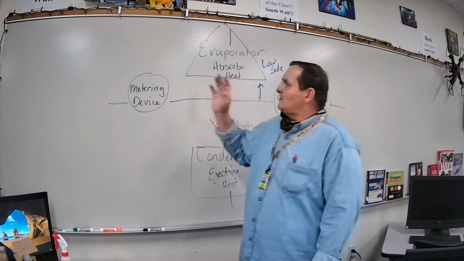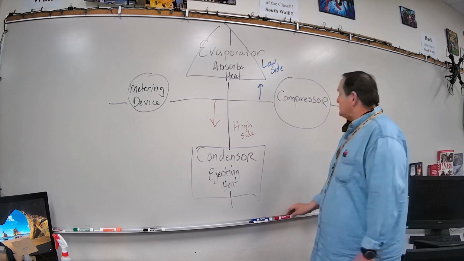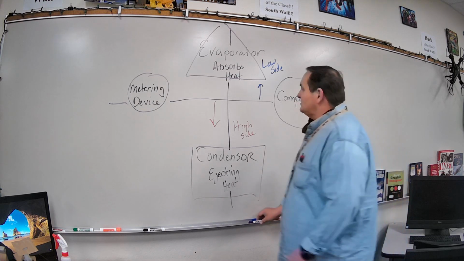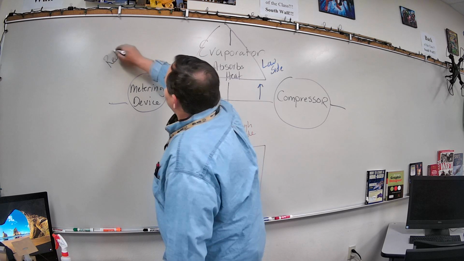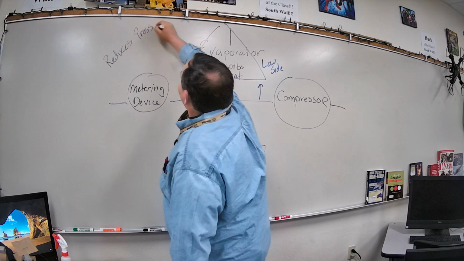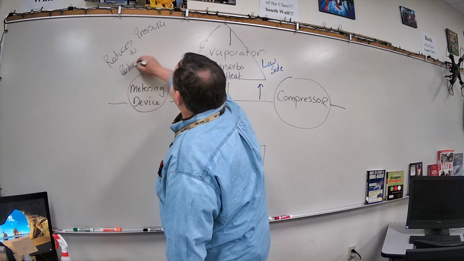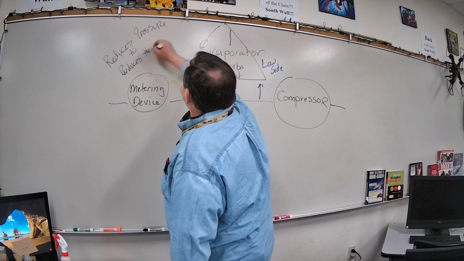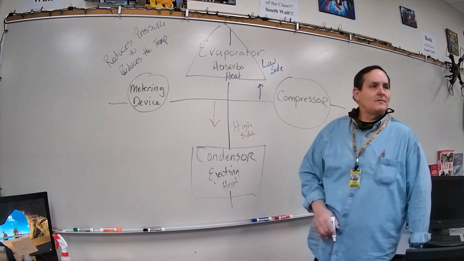And then the metering device is the opposite of the compressor. For instance, the metering device reduces pressure to reduce the temperature, the temp. All right?